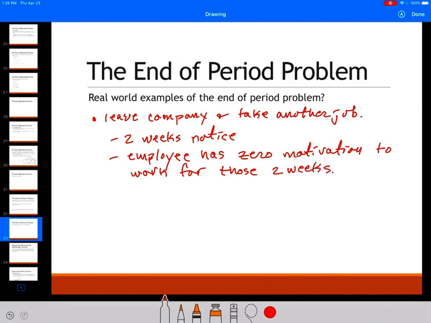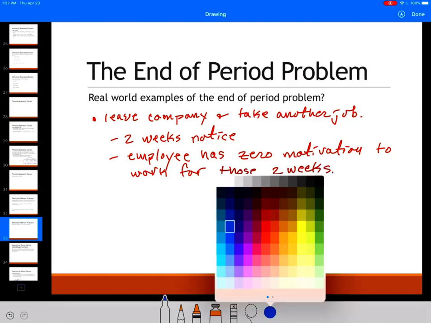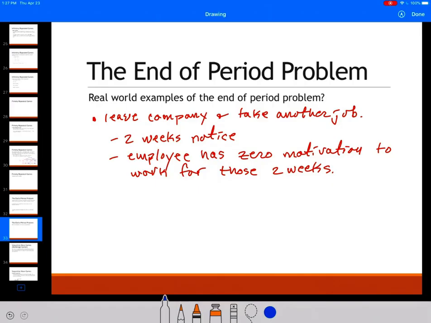Okay, let's think about another example, which I think may be a little more comical. We're getting to the end of the semester, and you guys have your evaluations of me, and they are due right before final exams. So we also have an end of period problem. You're probably going to give me glowing evaluations, like he so smoothly handled the transition to the coronavirus, everything going online.